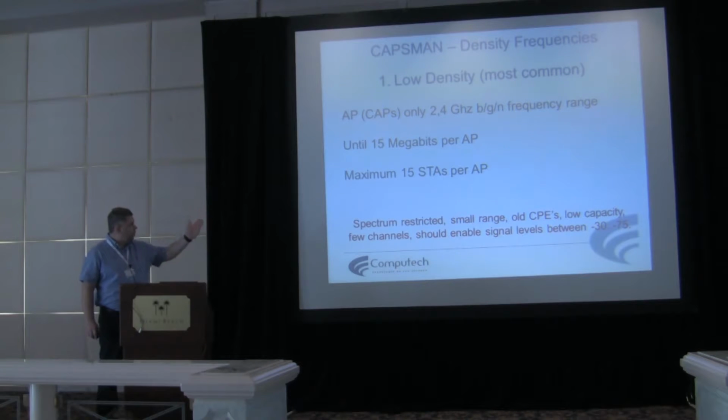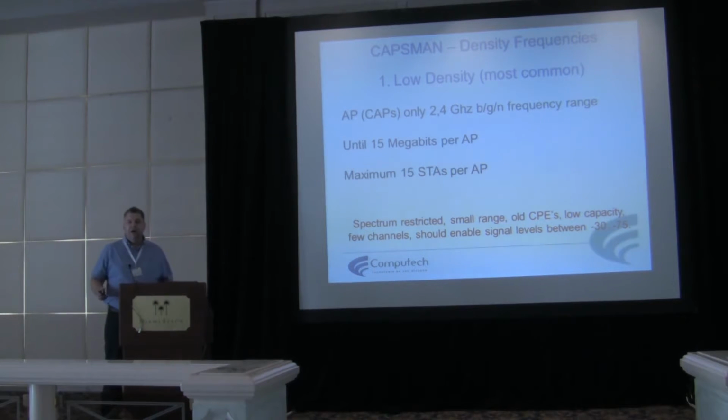When I use 2.4 BGN only, I can share only 15 megabits per crowded AP. Imagine a crowded AP when I have less airtime, with a maximum for a good project of 15 stations per AP.